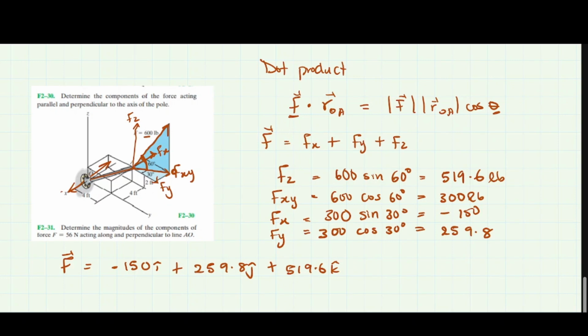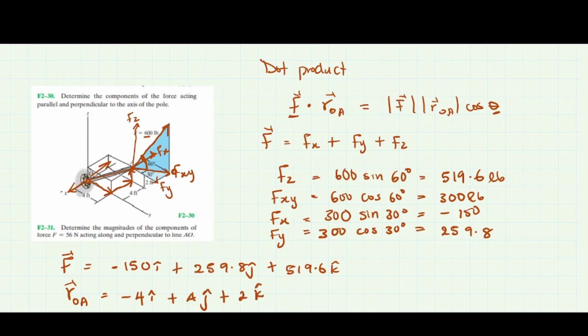Now, to find the vector ROA, we simply know that to get from O to A, we go in the positive y direction, in the negative x direction, and then in the positive z direction. So this is simply minus 4i hat plus 4j hat plus 2k hat. Now we're simply going to put it into the formula.